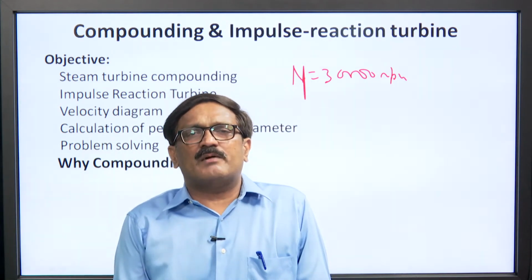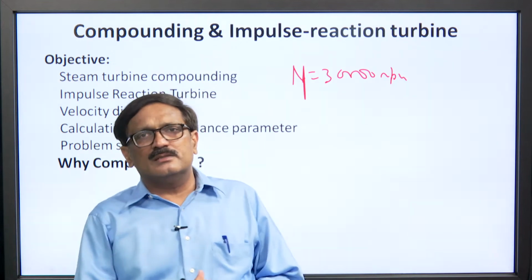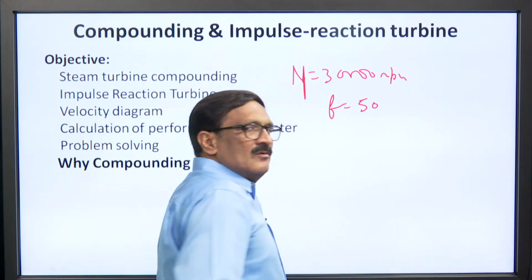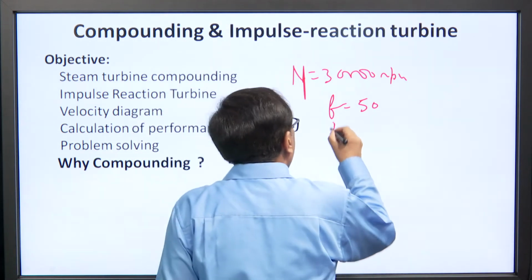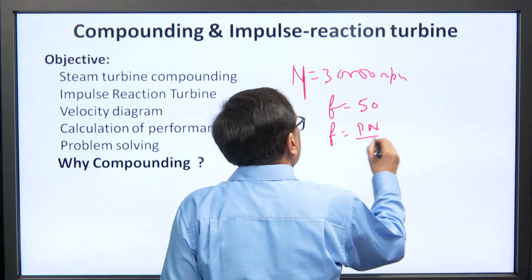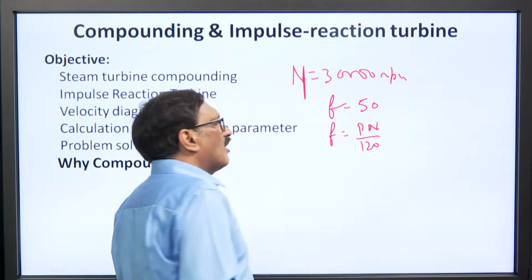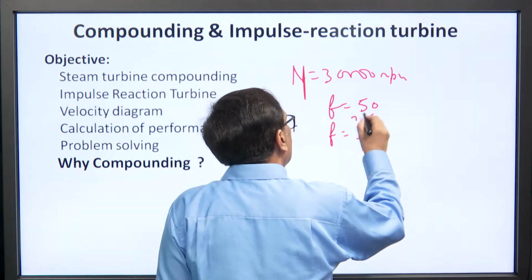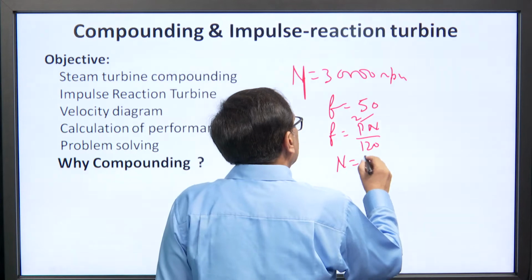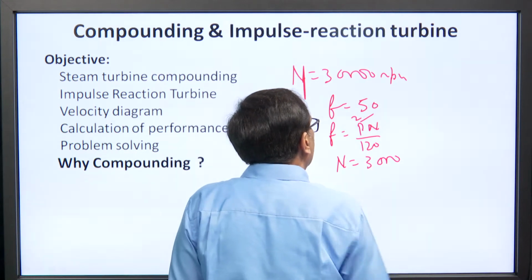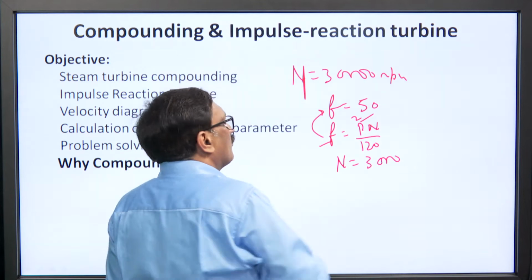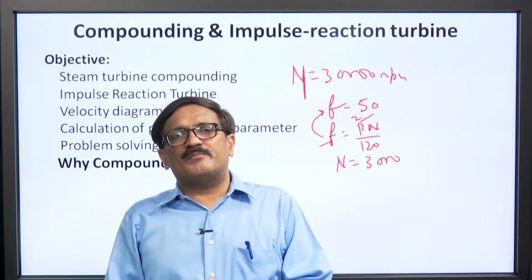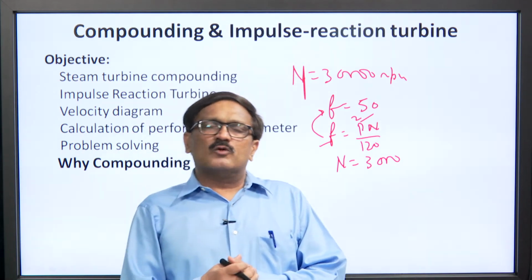When we connect the turbine shaft to the generator shaft for generating electricity, we know the frequency of electricity in India is 50 hertz, and that depends on the number of poles on the generator: N = 120 f / P. The minimum is 2 poles, one pair, and the RPM is going to be 3000 at most when we put f equal to 50. So 3000 RPM is the maximum RPM at which the generator rotor should be rotated.